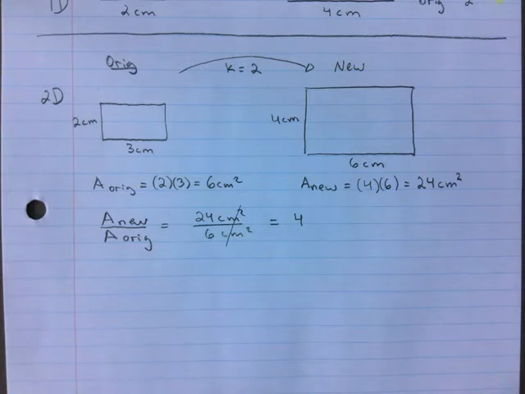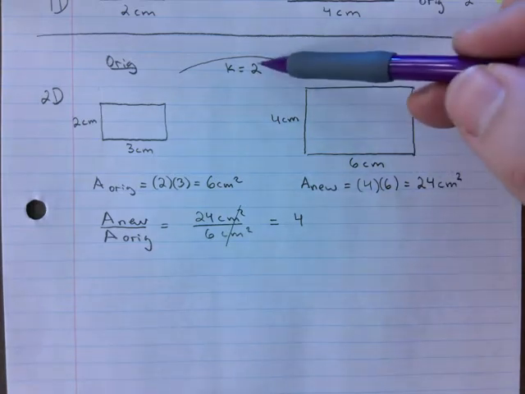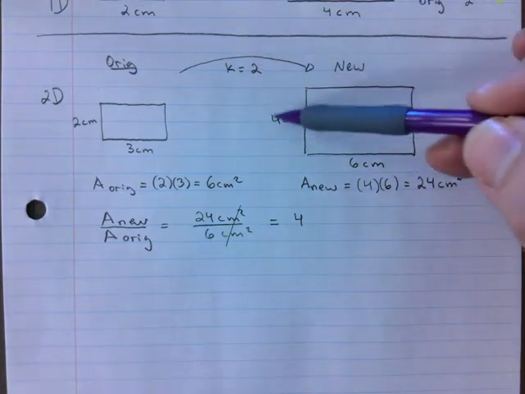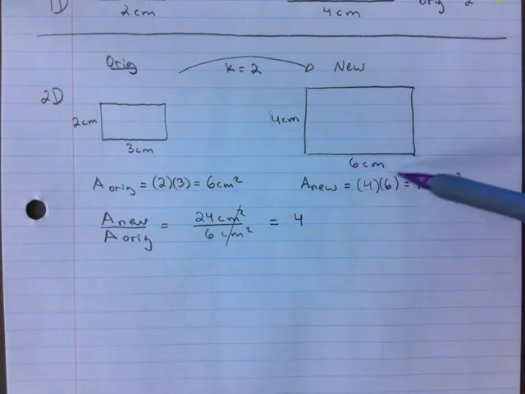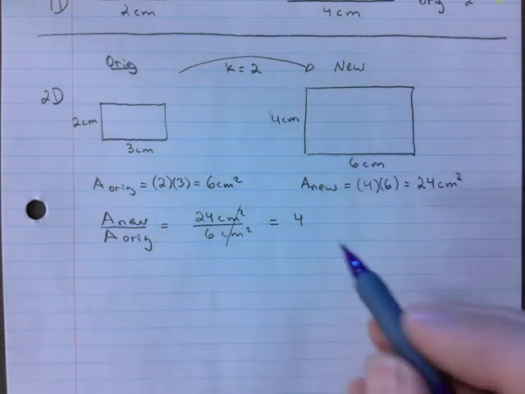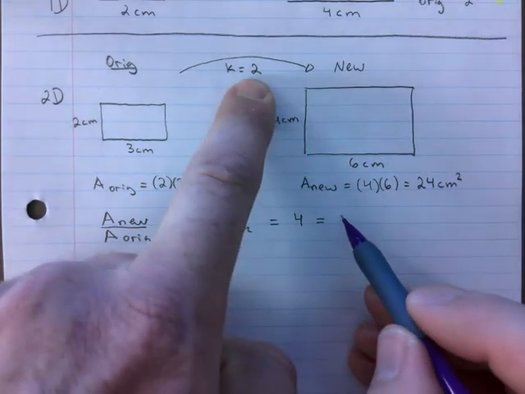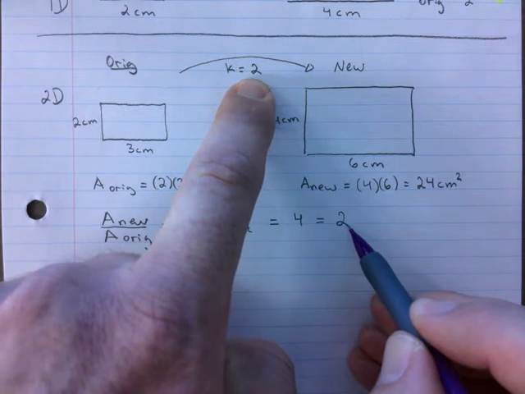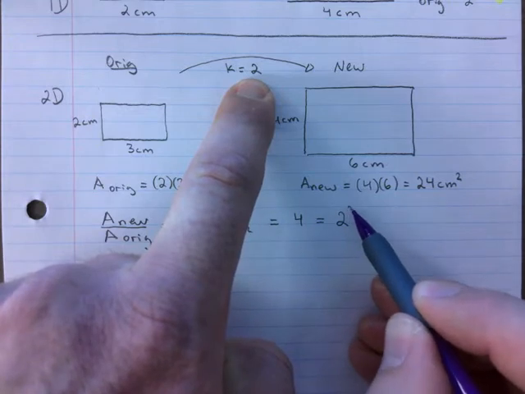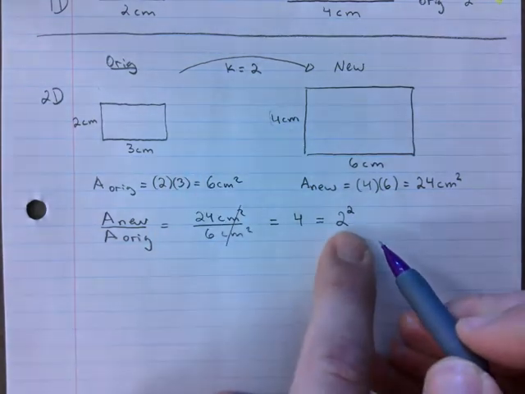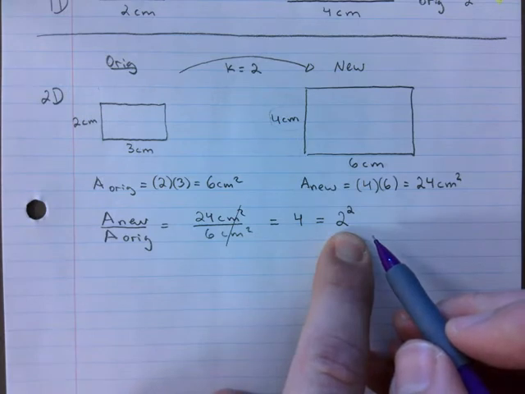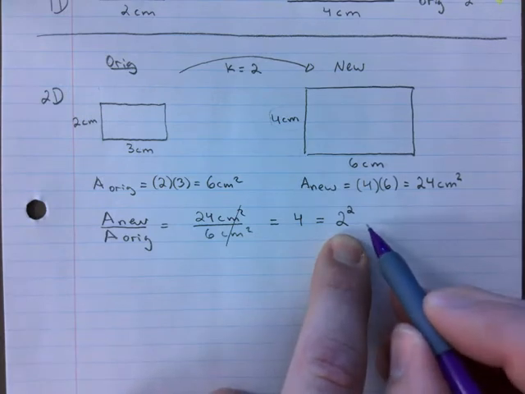What happened there? Well, the 2 has affected your width and your length. So 2 times 2 is 4, right? So really what happened there is your scale factor has affected 2 dimensions, so it's 2 squared, right?